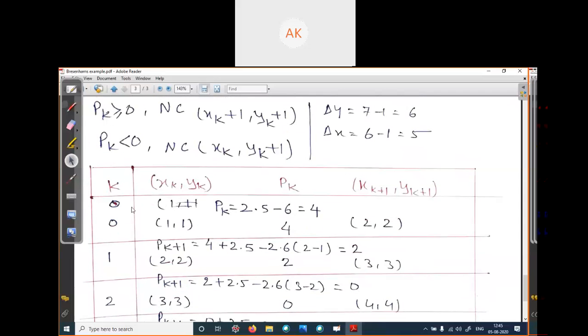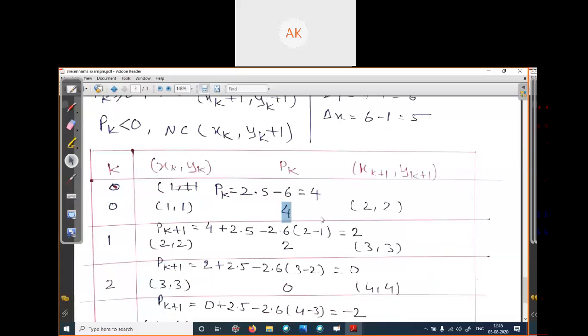Calculate for iteration 1, when your k is 0, xk yk is the initial point 1 1. 2 into delta x, which is 10, minus delta y, which is 6, is 4. So your initial decision parameter value is 4.